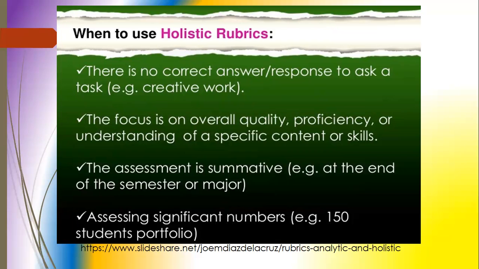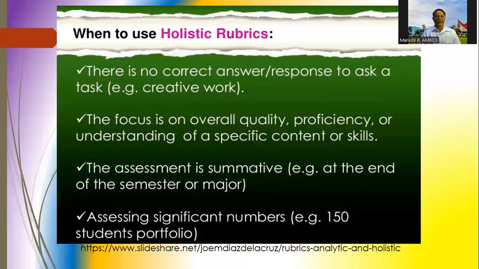The question is, when to use holistic rubrics? Here are the answers. The first is, there is no correct answer or response to a task, for example, creative work, and the focus is on overall quality, proficiency, or understanding of specific content or skills.